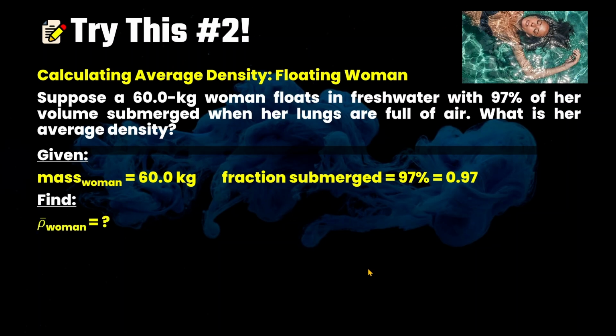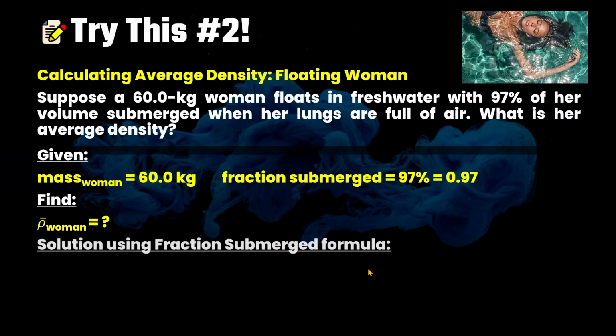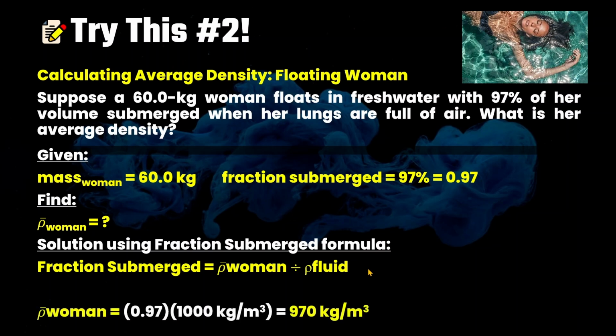So this is basically a problem involving calculating average density. We'll find the average density of the woman using the formula we mentioned in the previous slide. Fraction submerged is equal to density of woman divided by density of fluid. So we'll need to derive from this formula the density of the woman, which is fraction submerged multiplied by density of fluid.